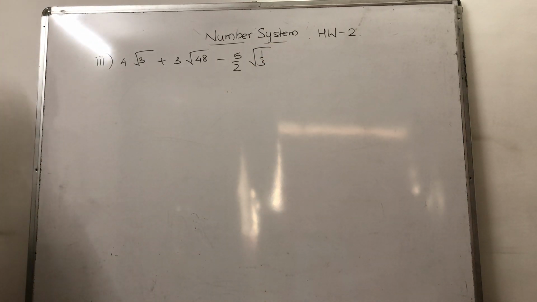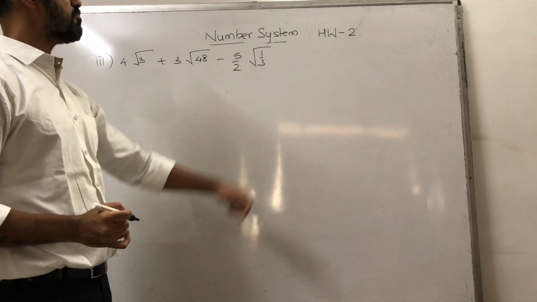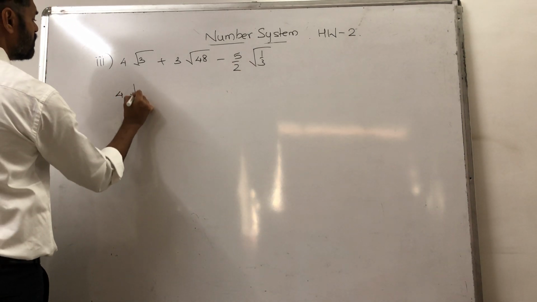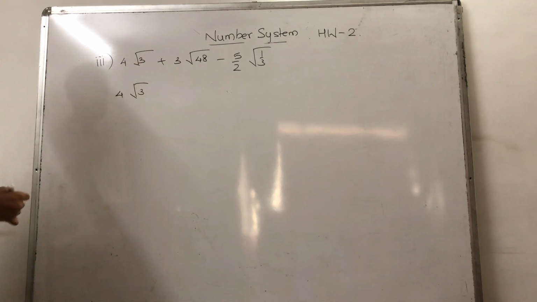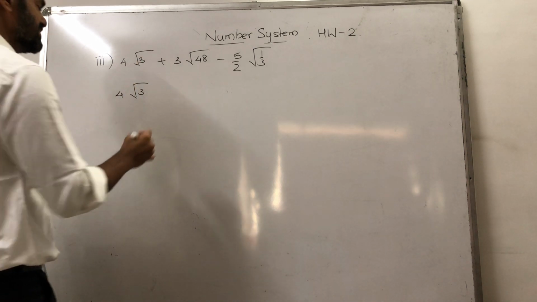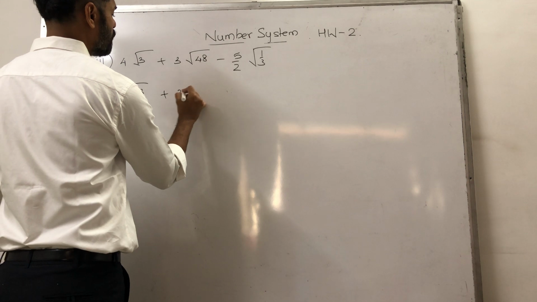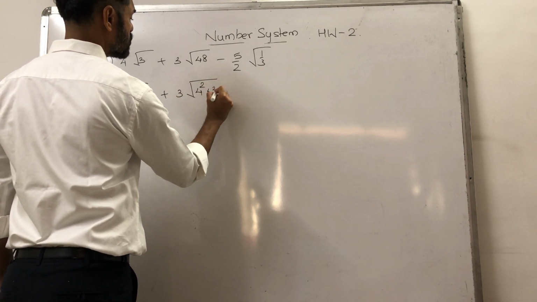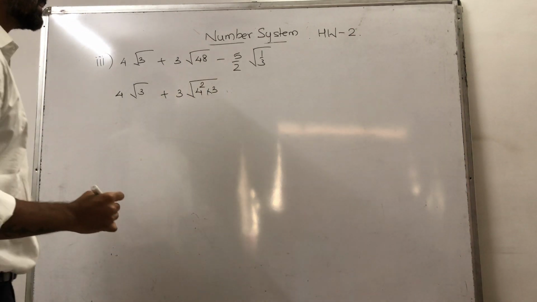Now here we have square root, so we will check if they have a perfect square factor. 3 does not have any perfect square factor, it by itself is a prime number, so I wrote it as it is. The biggest perfect square factor of 48 is 16. 16 is 4 square, 16 3s is 48.